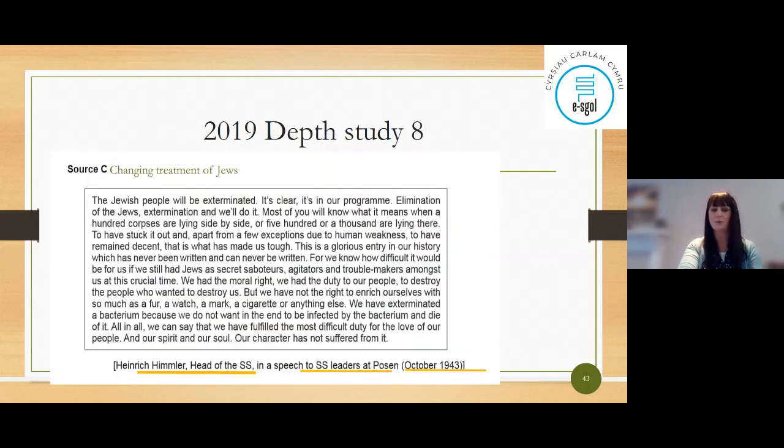And we'll look at the last one, which is source C. Now, this is from Himmler, and this is again further on, in 1943, in a speech to the SS. So again, if I give you 20 seconds, just have a little overview of what the source is saying here.